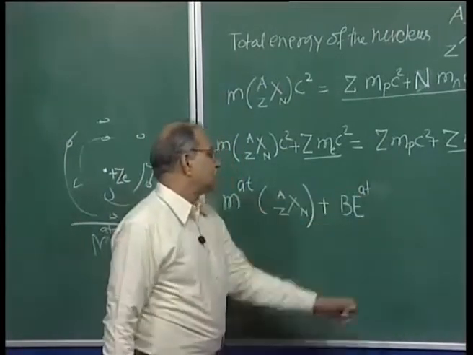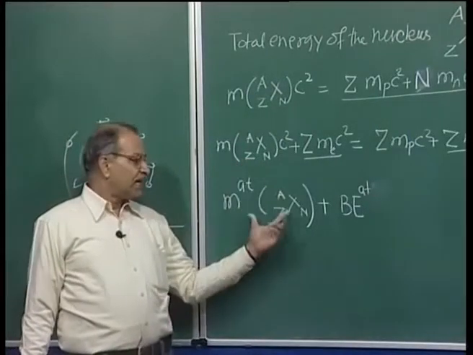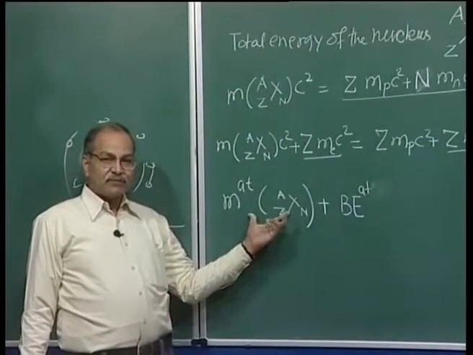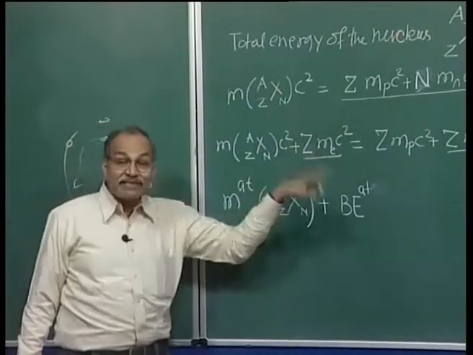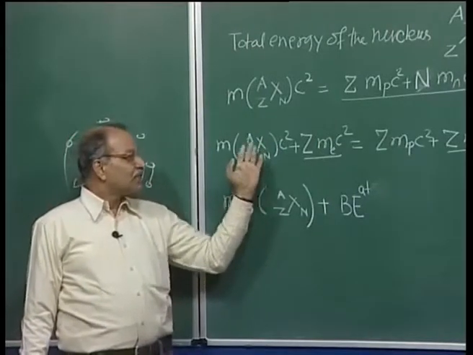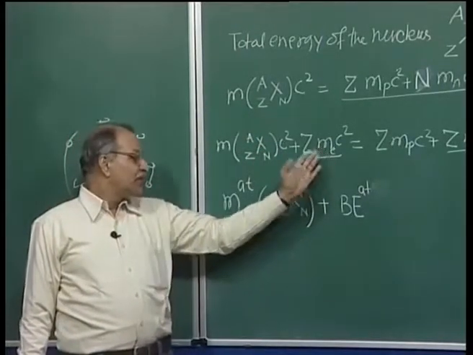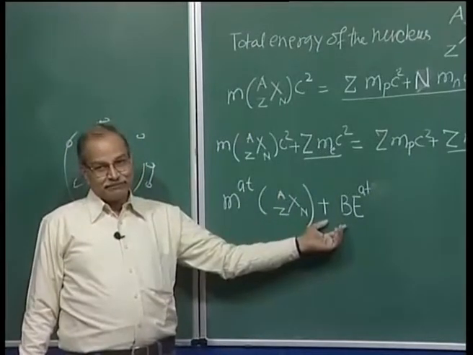Understand that? The mass of the atom should be mass of the nucleus plus mass of the electrons minus the binding energy. Therefore, mass of the nucleus plus mass of the electrons will become mass of the atom plus binding energy.